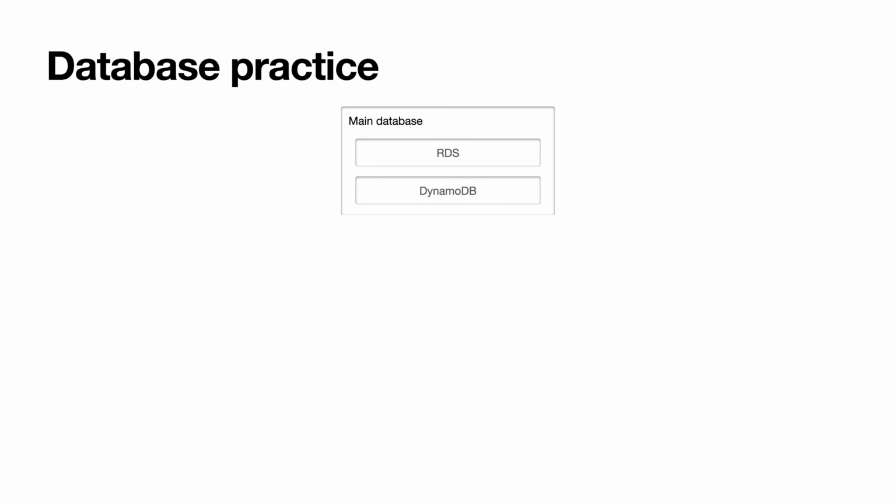For the main database, we usually choose SQL, for example, RDS, or a not in-memory key value NoSQL with index support, for example, DynamoDB. We normally call write operations, including insert, update, delete, the front end, and read operations the back end.